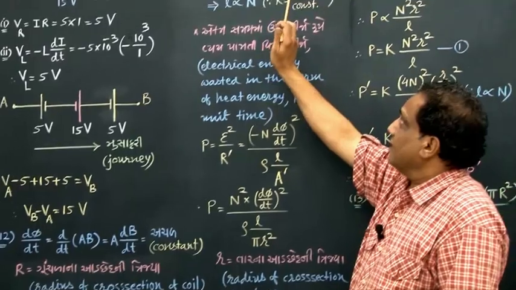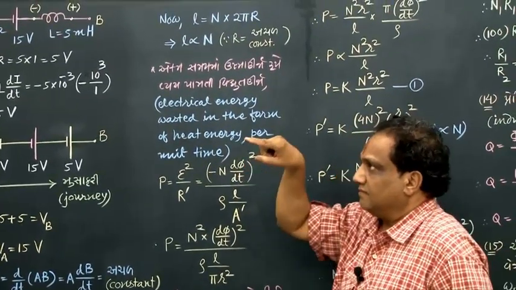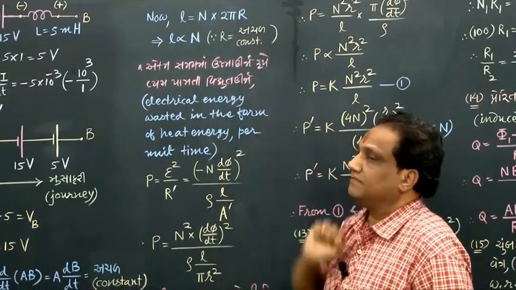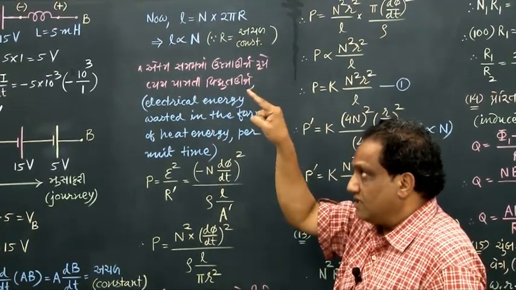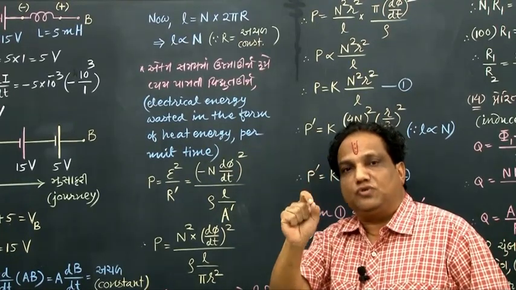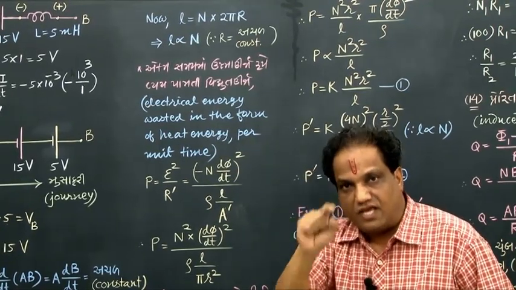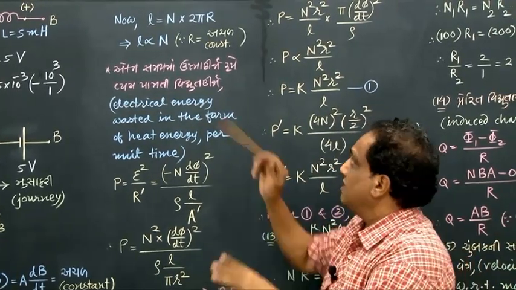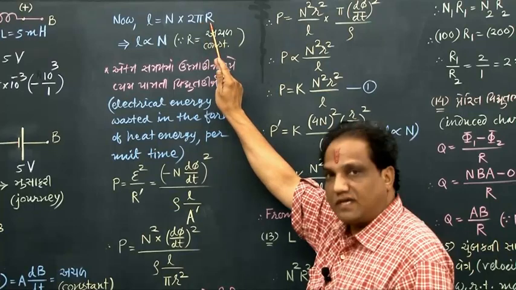Now suppose we are preparing one circular coil of radius capital R. For preparing one circular coil of radius capital R, we have to use the wire of length equal to circumference. Circumference is given by this formula 2 pi R, correct?